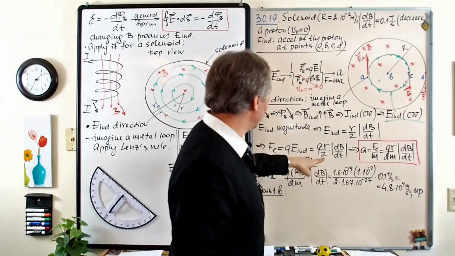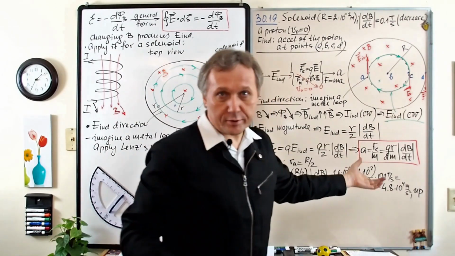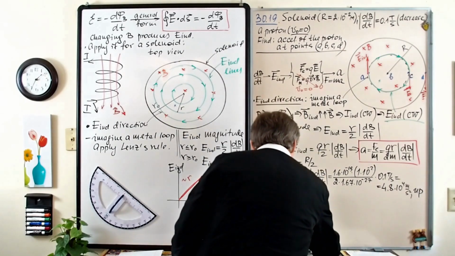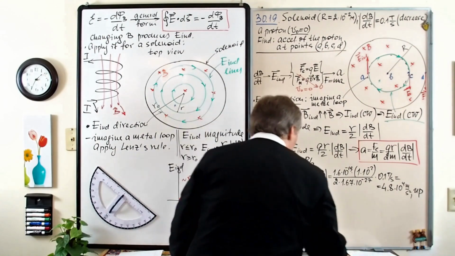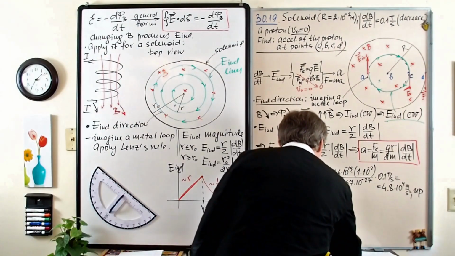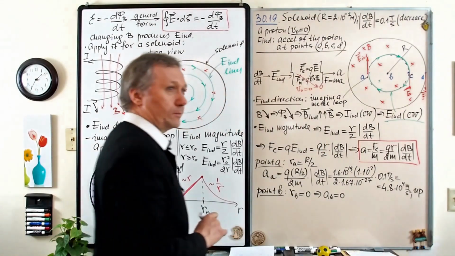So the electric field is 0, electric force is 0, acceleration is 0. It's not going to experience any force and no acceleration. So R at B equals 0, and of course acceleration at point B equals 0.